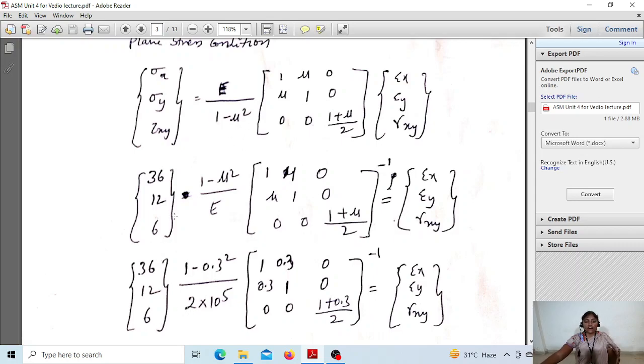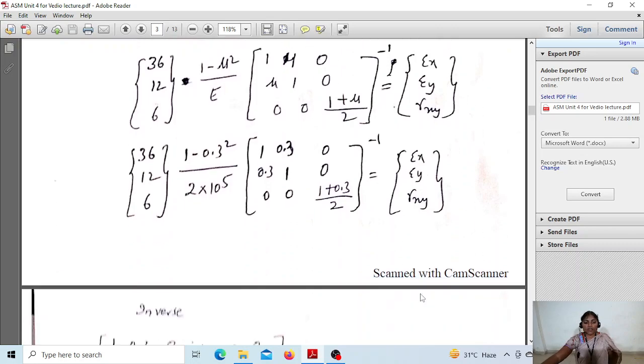So here I can write 36, 12, 6, then 1 minus 0.3 square by E, 2 into 10 power 5, times the matrix 1, 0.3, 0; 0.3, 1, 0; 0, 0, 1.3 2 and its inverse. Then you will get epsilon x, epsilon y, gamma xy.